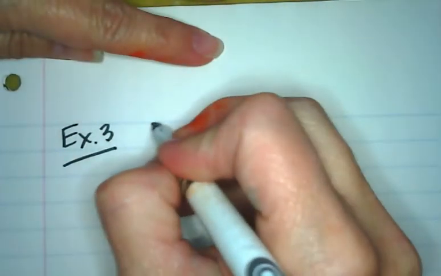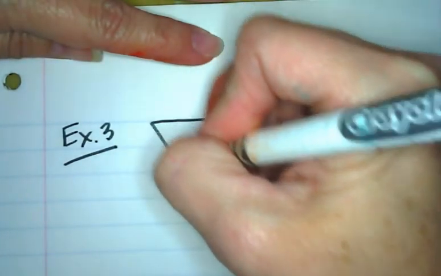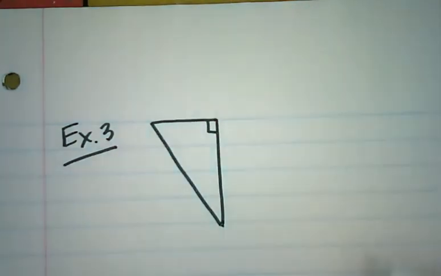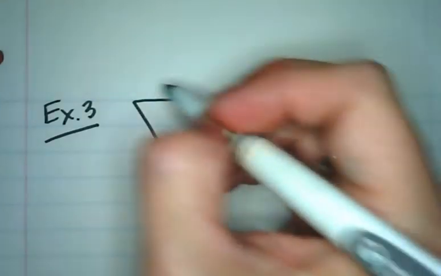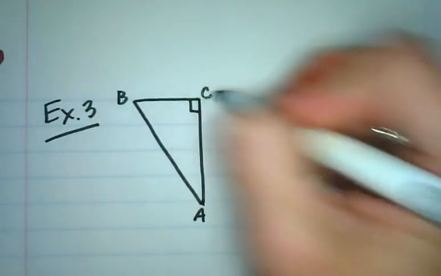All right, so I'm going to draw this triangle. And I'm going to label this A, B, and C again.